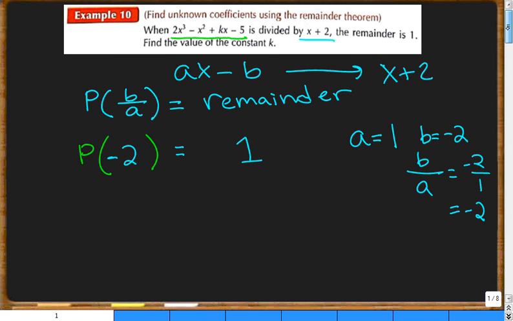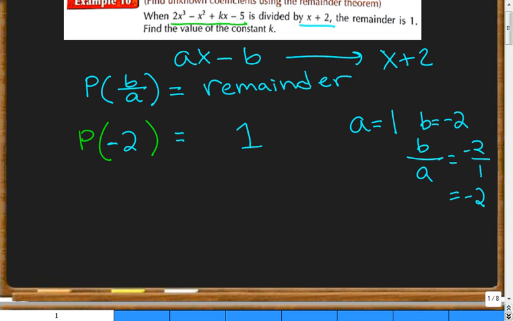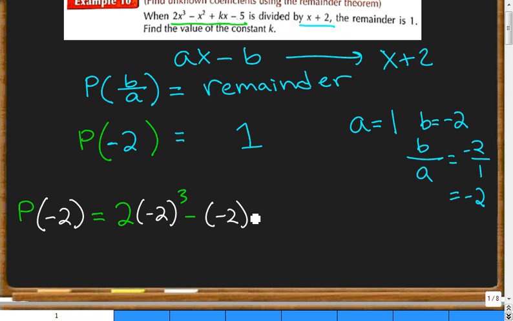So what we do is we plug our number in. p of negative 2 equals 2 times negative 2 cubed, minus negative 2 squared, plus k, this number k that we're looking for.